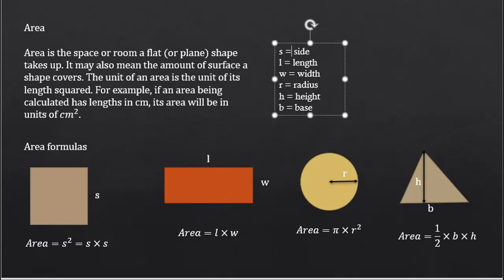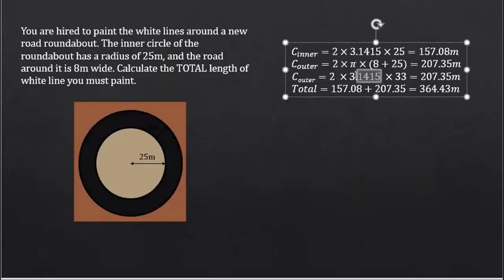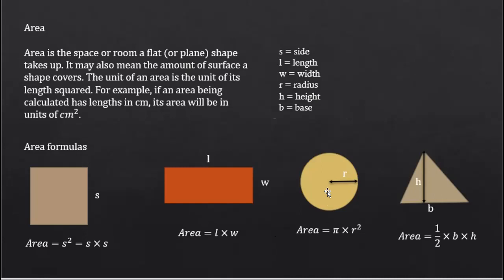Remember, pi is a constant we use to calculate the area of a circle. The area of a circle is equal to pi multiplied by r squared, and r we know is the radius. The area of a triangle is 1/2 multiplied by base, or breadth, which is this length here, multiplied by the height of the triangle.